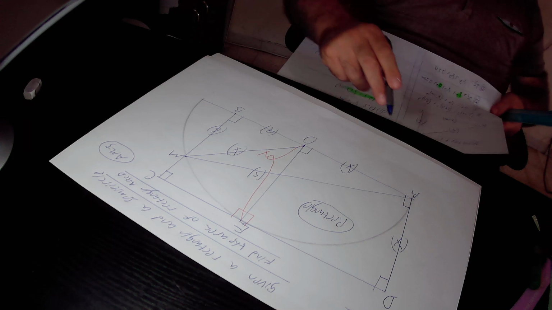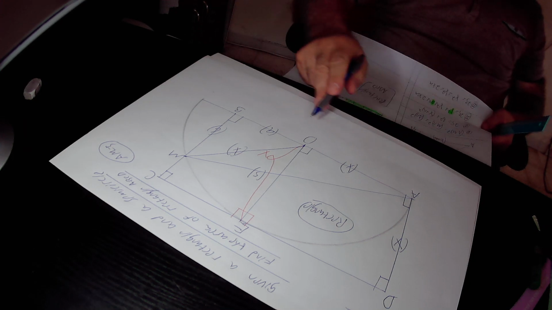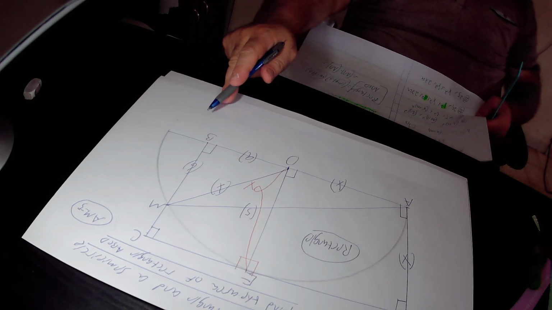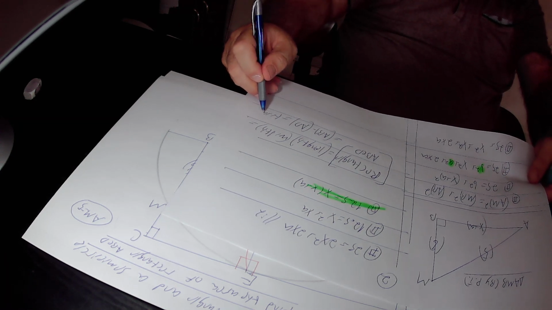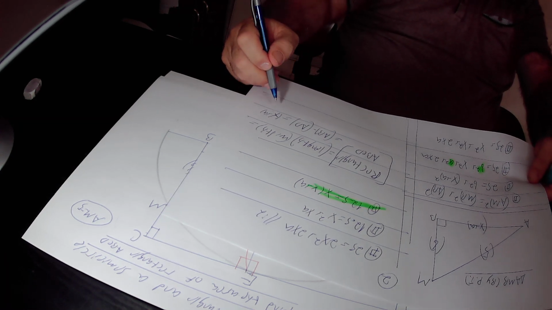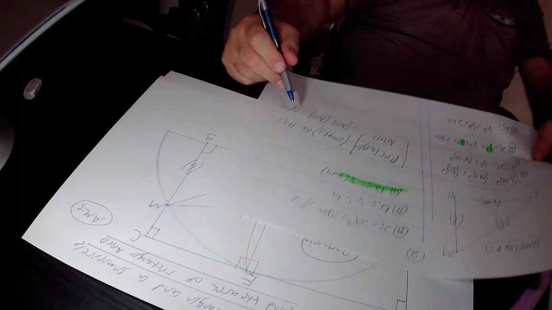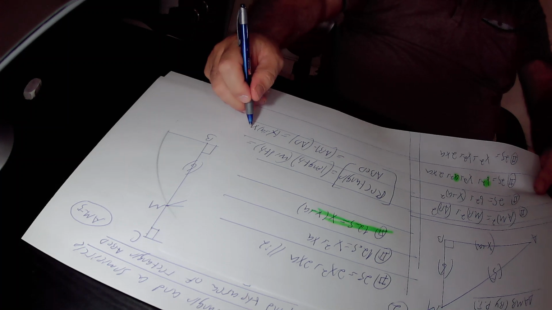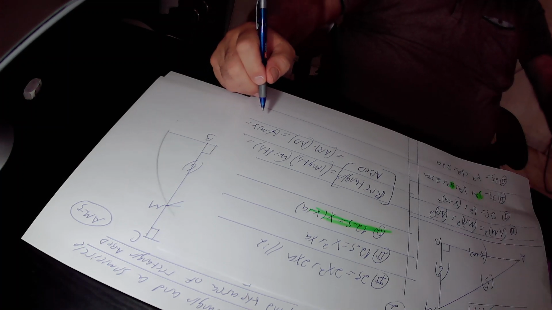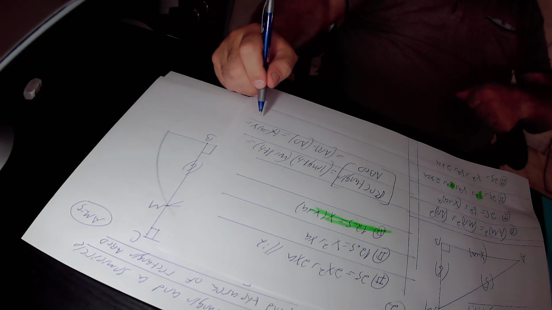AB in total equals x plus a. Times AD. AD equals x. So in total we should find out that the area of rectangle ABCD equals (x plus a) times x.